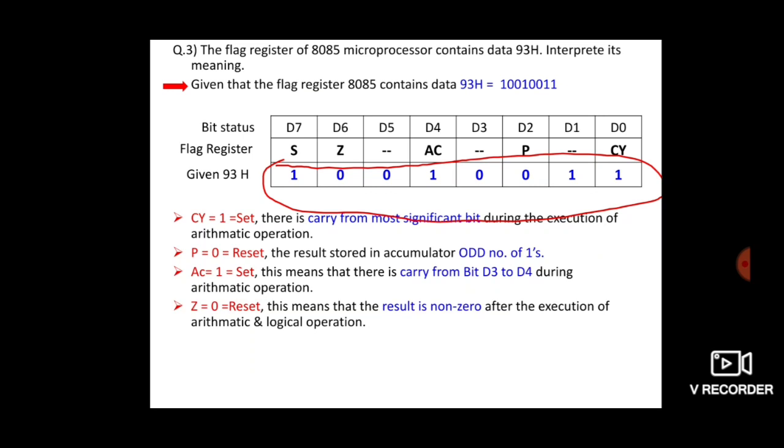In the sign flag column, which value is there? 1. Is 1 set or reset? Set. Then the sign flag is set, which means the result is negative, that is, the given number is a signed number.